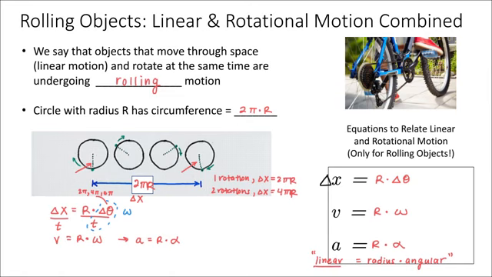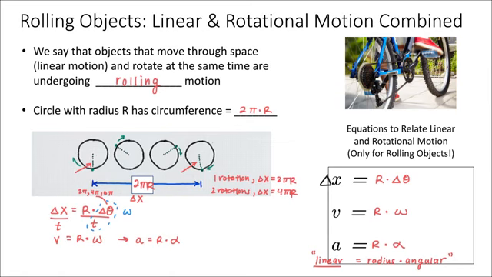Now, these equations are not on your AP Physics 1 equation sheet, so you will need to be comfortable converting between linear motion quantities and angular motion quantities. But remember, this only applies to objects that are rolling, objects that have both linear and angular motion, okay? So these three equations will help you if you don't have, for example, delta x, but you have delta theta and the radius.